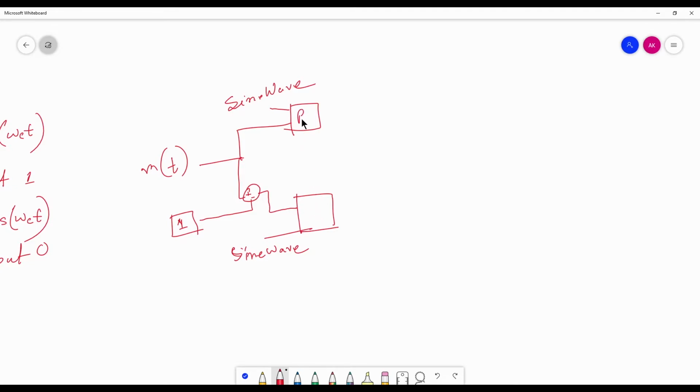So this is a product, we are modulating from here, and after that we have to add the signals. Now this will be our modulated signal.